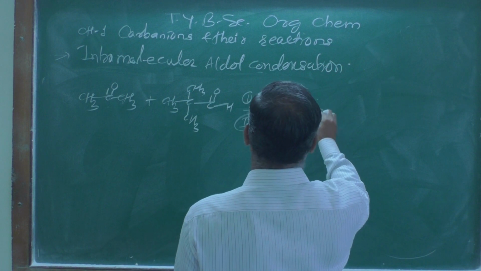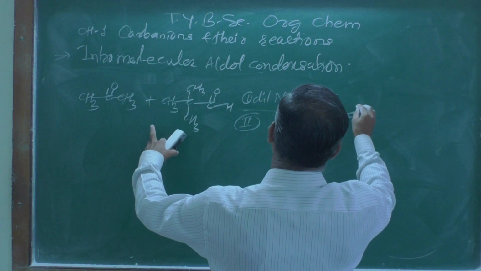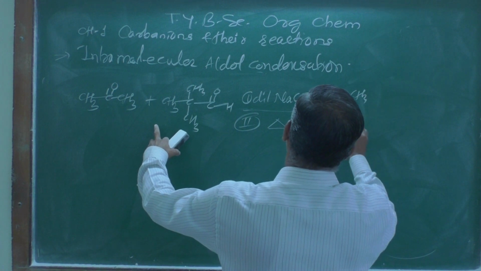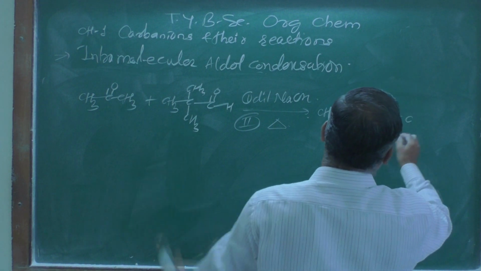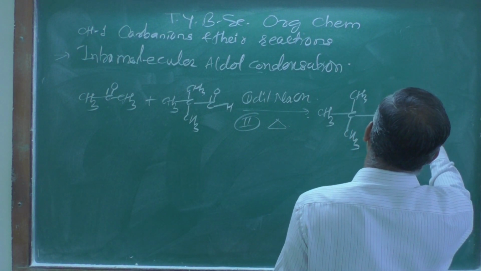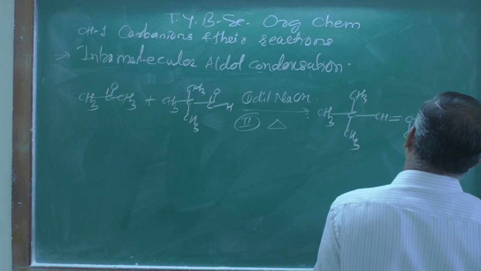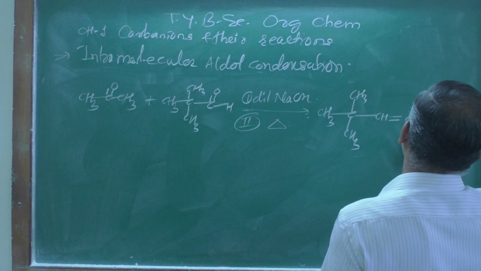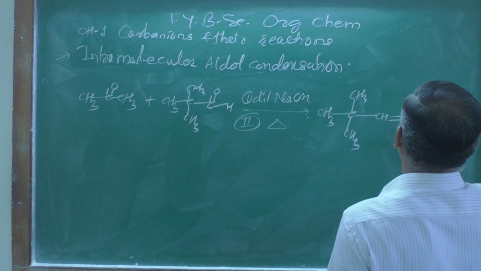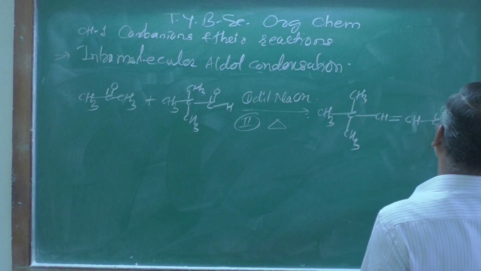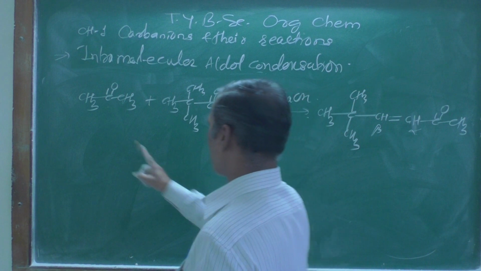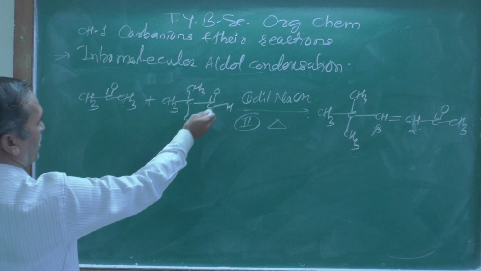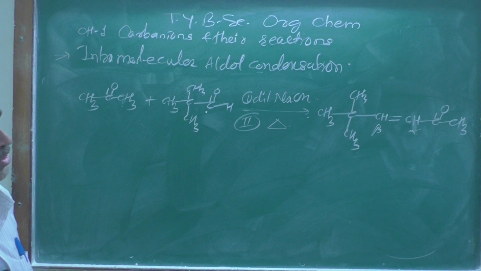So let me write the carbanion CH3, then CH3, then CH double bond C, then CH3, then CH, then C double bond O. This is alpha and beta, because the carbanion is going to form and attack over there, and after heating you are going to get an alpha beta unsaturated compound.